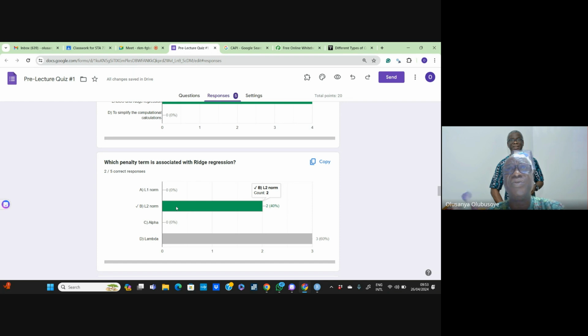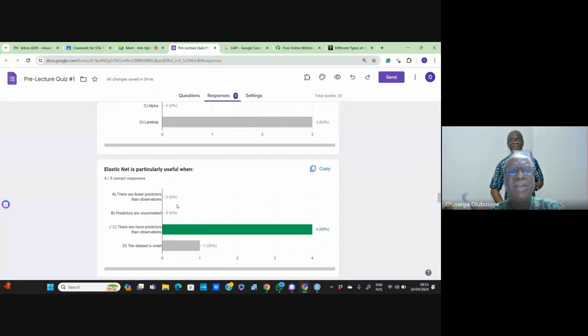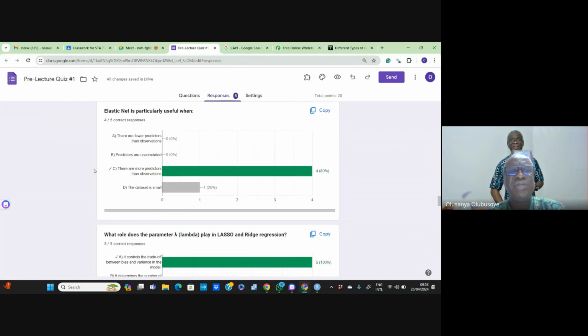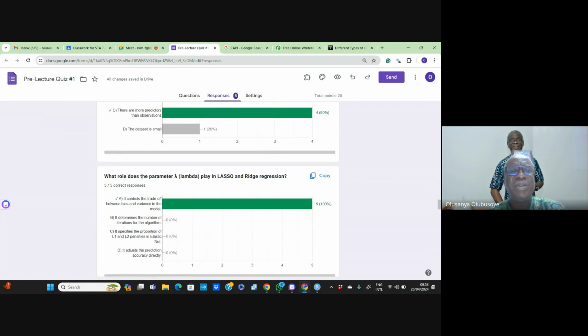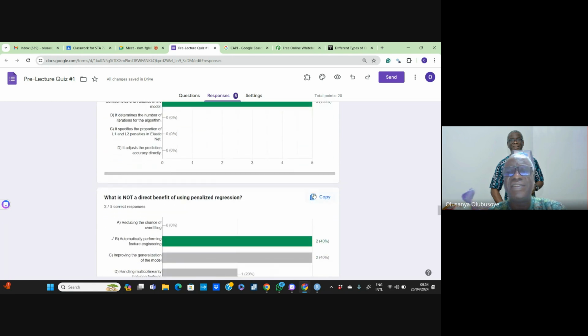That is the L2 normalization. Elastic net is particularly useful where there are more predictors than observations. Yes. What role does parameter lambda play in LASSO and ridge? It controls the trade-off between bias and variance. You all got that right.